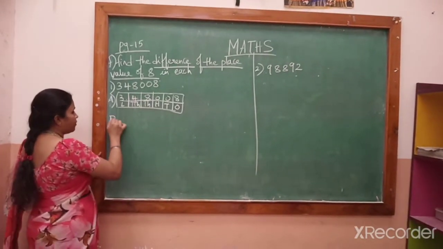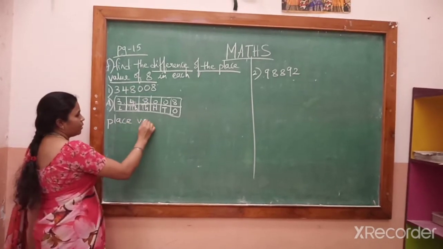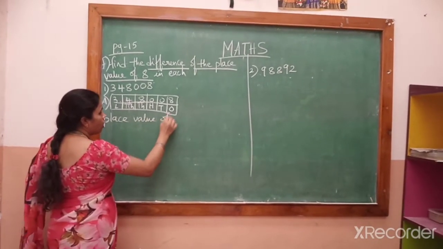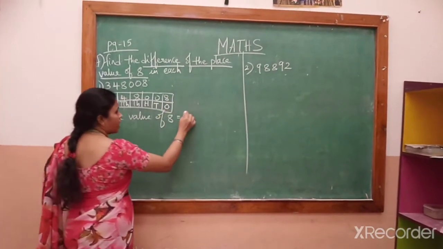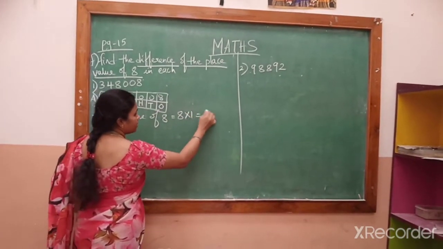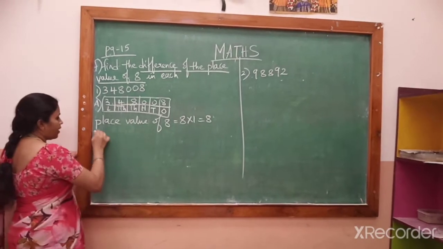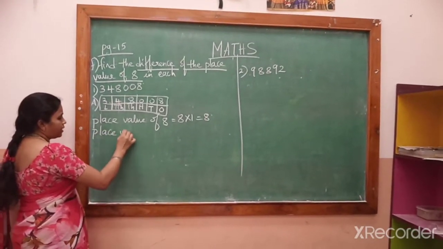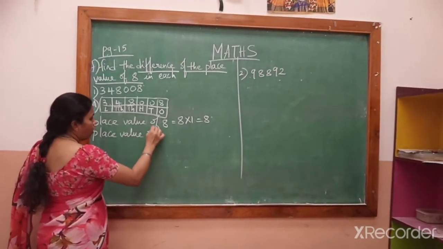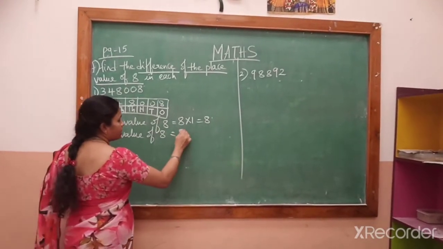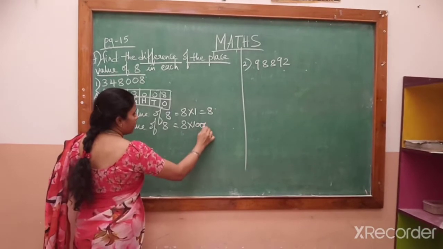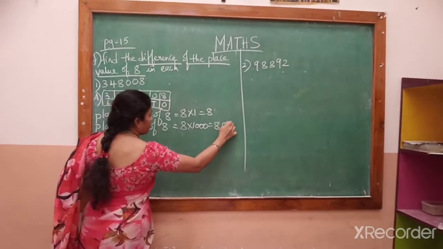Now we have to find the difference of the place values of 8. Tell me first what I should write. Place value of 8. The first 8 is in the ones place. So 8 into 1 is 8. Same way next, place value of 8. One more 8 is in the thousands place. So 8 into 1000, 8,000.